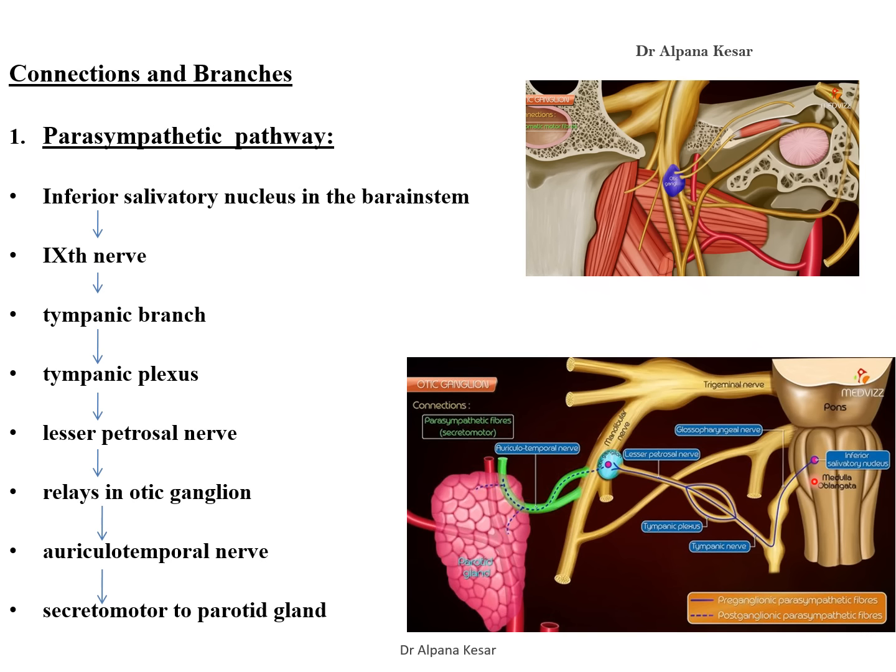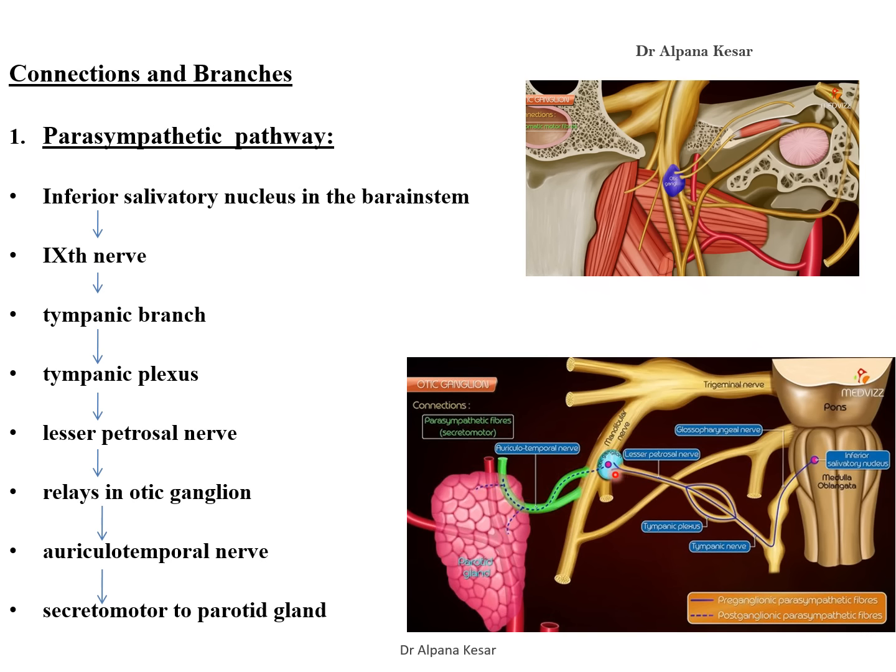These fibers pass in the glossopharyngeal nerve. Then it passes into its tympanic branch, into the tympanic plexus. From the tympanic plexus arises the lesser petrosal nerve, which carries these preganglionic fibers to the otic ganglion.